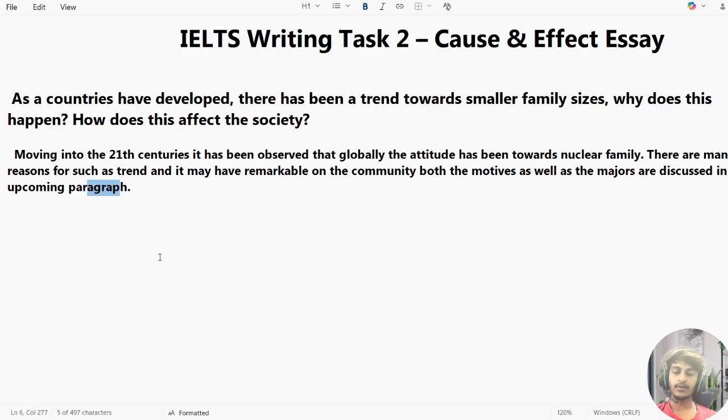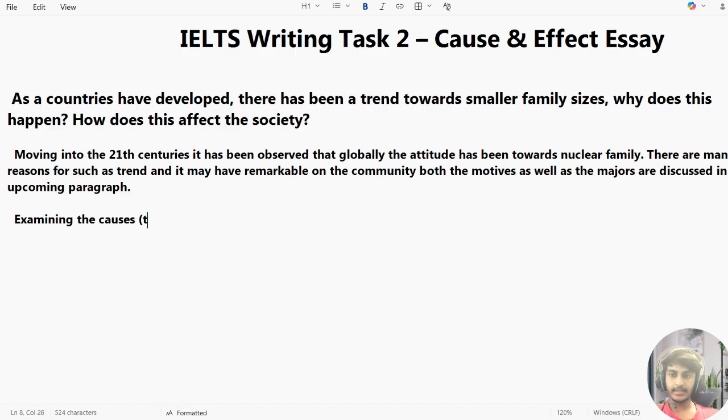So friends, now write body paragraph 1. We move to body paragraph 1. Examining the causes. It is a topic phrase.